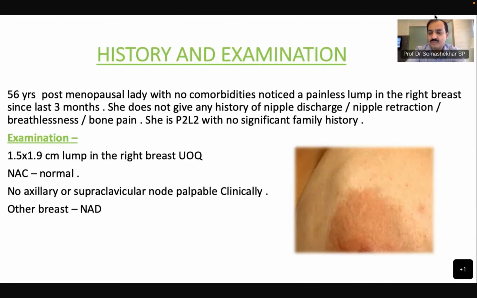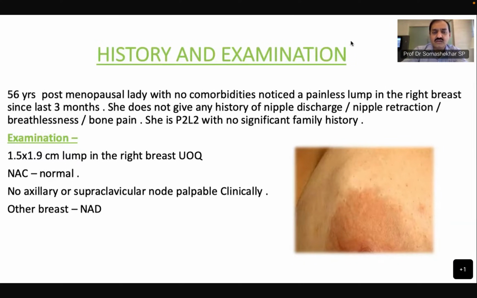Nipple areolar complex normal, no retraction, because we all know that skin puckering is the ligament of Cooper. The nipple inversion actually is the lactiferous duct involvement. And the other breast is normal. So it may be unlikely to be lobular or hereditary breast cancer.